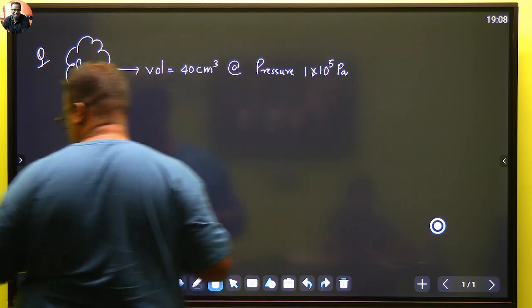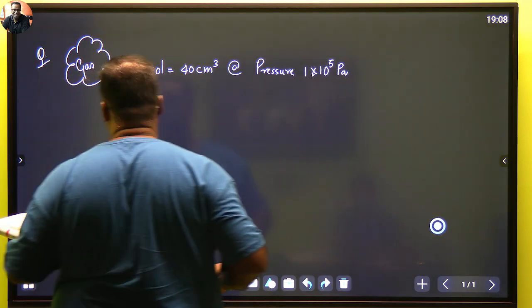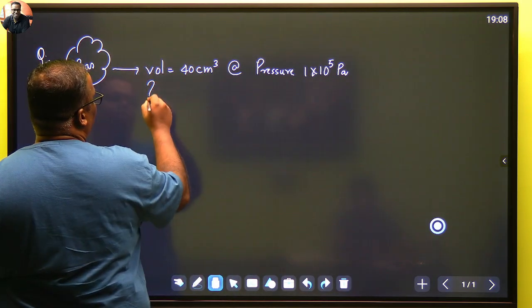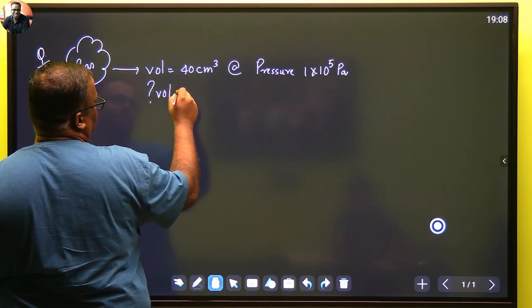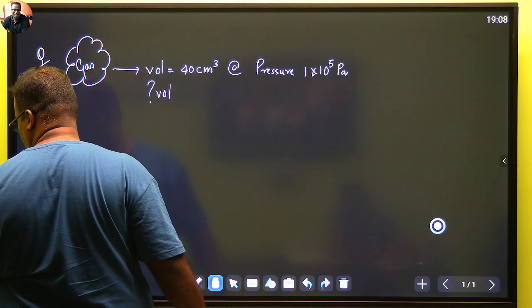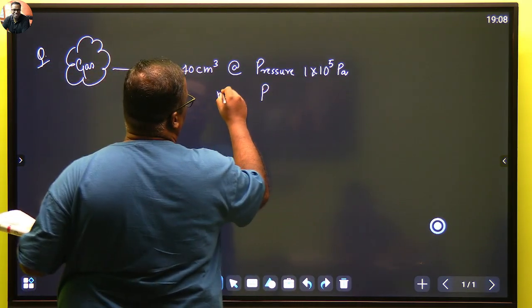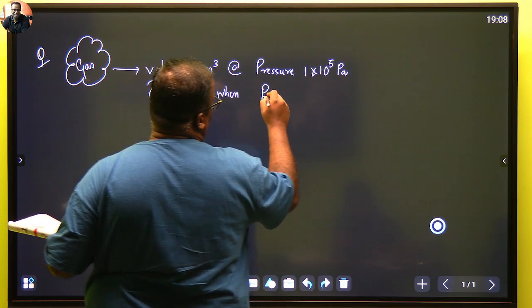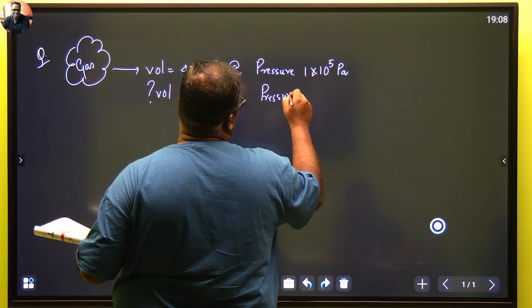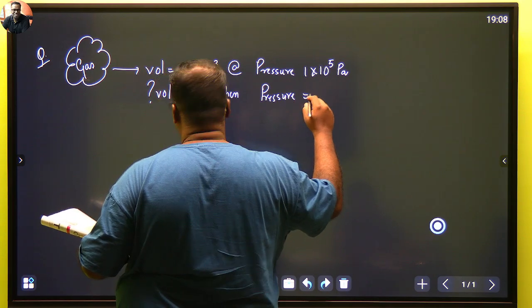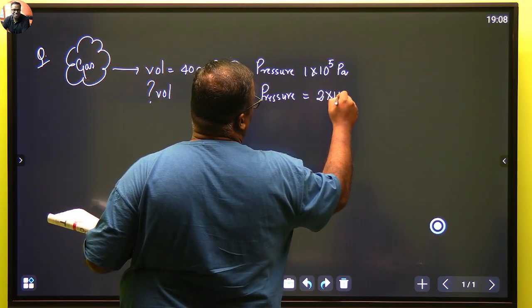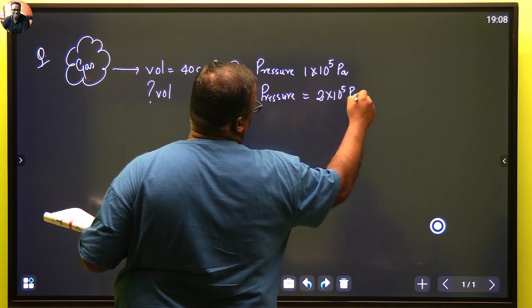They have asked us, find the volume of this gas when the pressure is, don't solve the problem straight away, huh? When pressure is 2 into 10 to the power 5 Pascal.